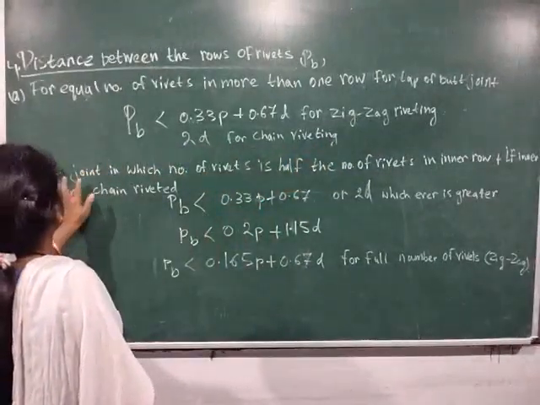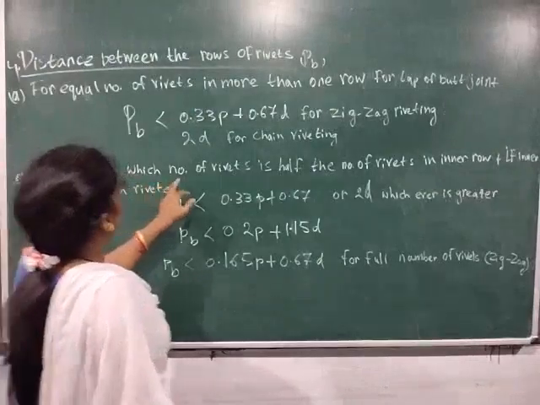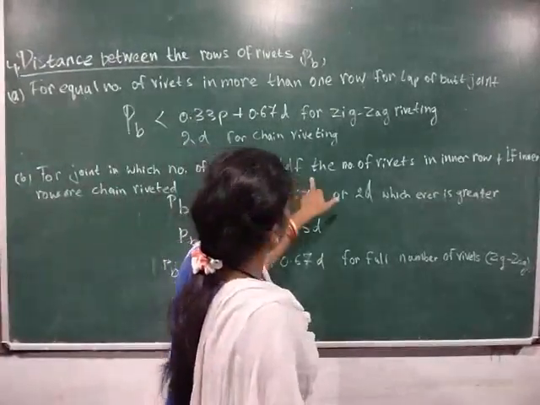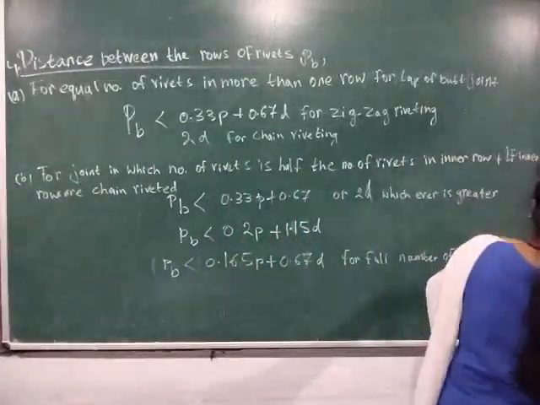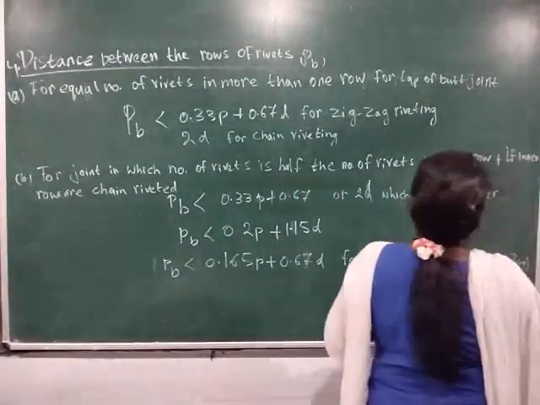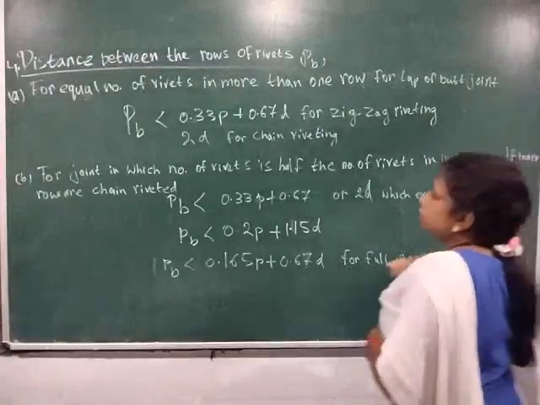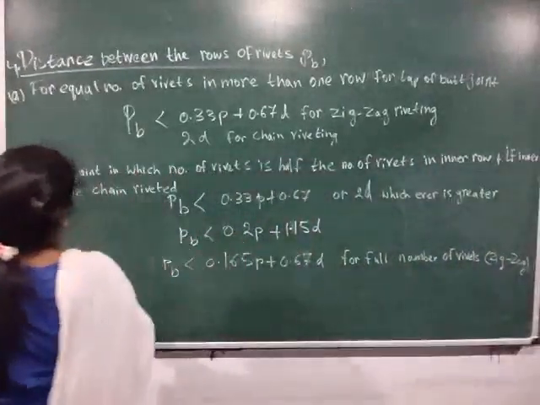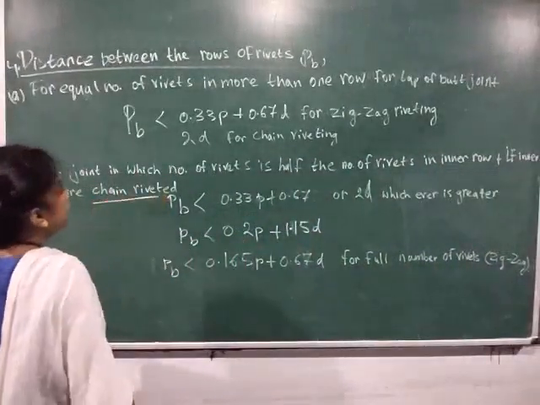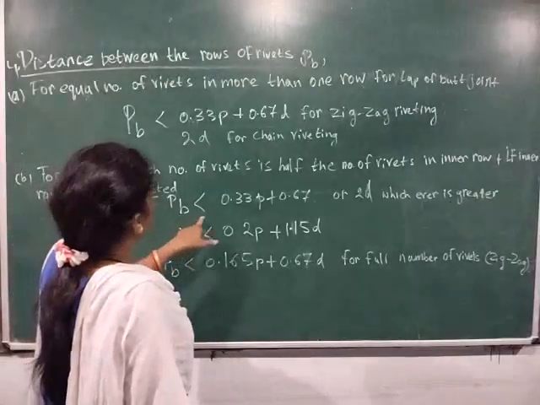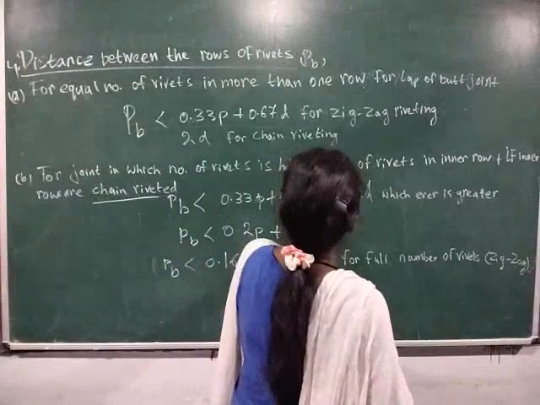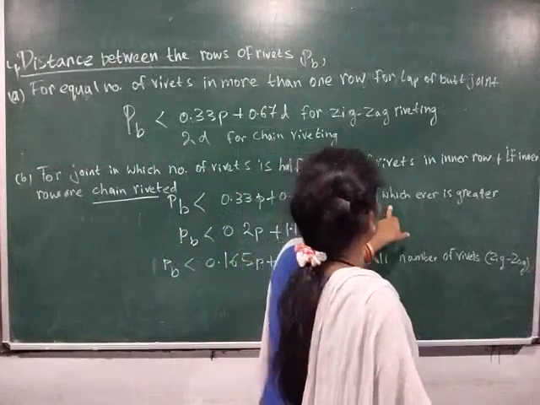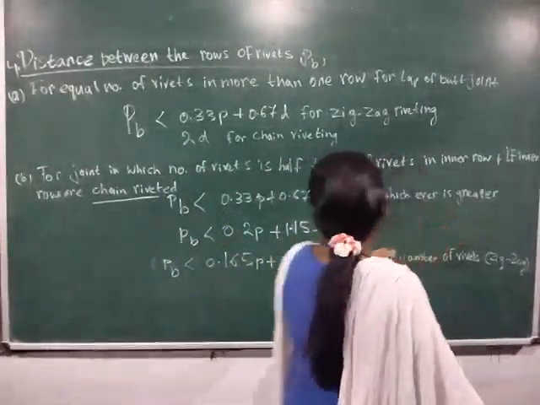Next, for a joint in which the number of rivets is half the number of rivets in the inner row, and if the inner rows are chain riveted, then PB should not be less than 0.33 P plus 0.67 d or 2d, whichever is greater.